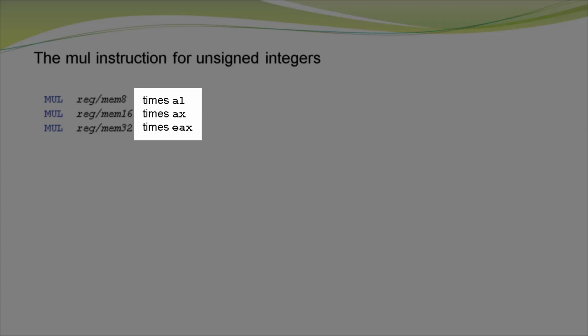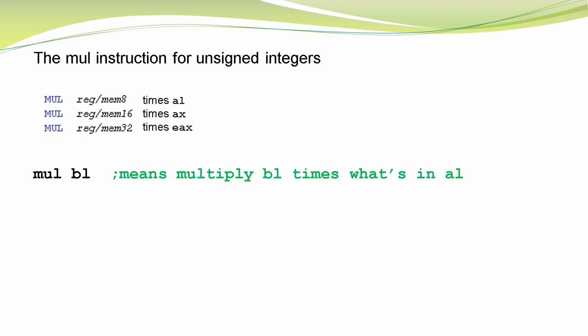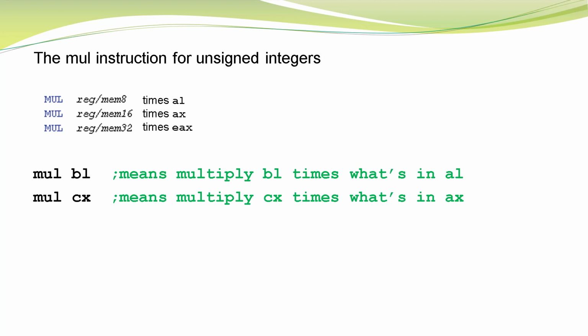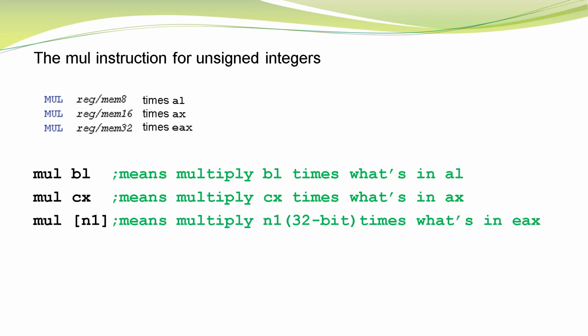For example, if I say multiply BL, that really means multiply whatever is in this 8-bit BL register times what's already in the 8-bit AL register. And if I say multiply CX, that really means multiply what's in the 16-bit CX register times what's already in the 16-bit AX register. And finally, if I say multiply N1, where N1 is a 32-bit variable, that really means multiply that variable times what's already in the EAX register.